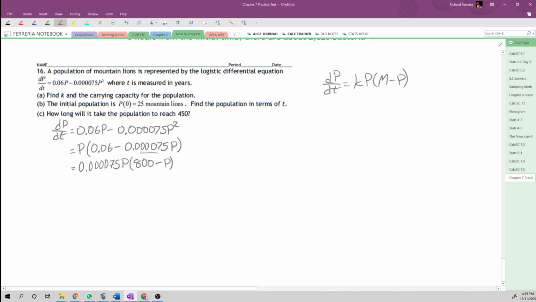0.06 divided by 0.000075, that got me 800.